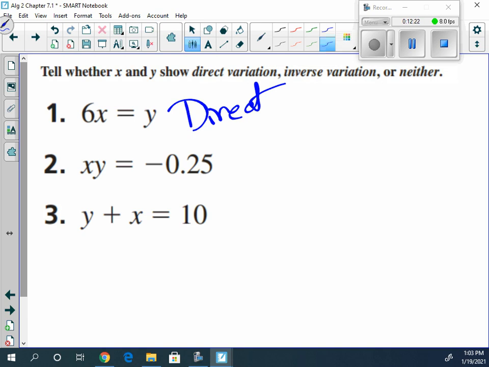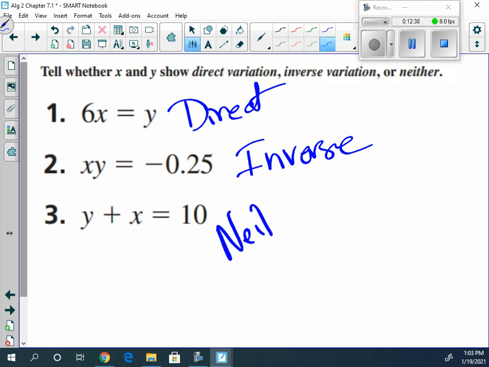How about number 2? Inverse, our yx equals a. And the last one is? Neither. The plus sign kind of gave that one away, didn't it?